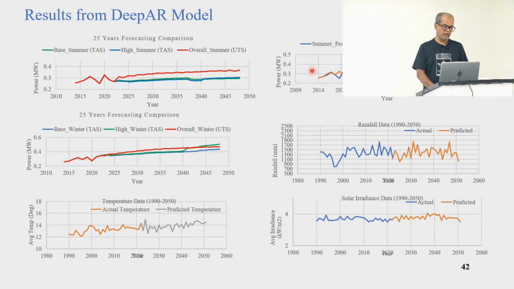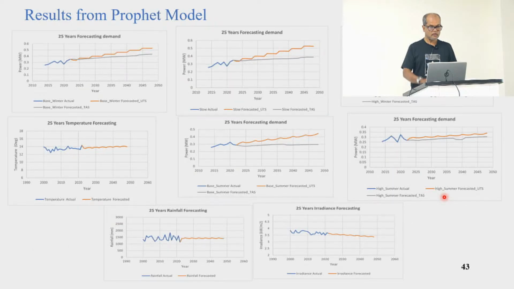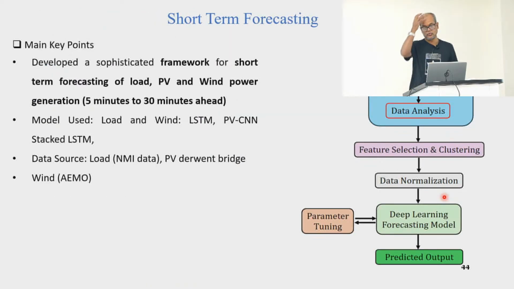And it's not only demand, but how the temperature might be, how the rainfall would be, how the solar radiance, wind speed, and so on would be. Those are the different things we forecasted for that particular area. And even if you want to design, you have to do the same.